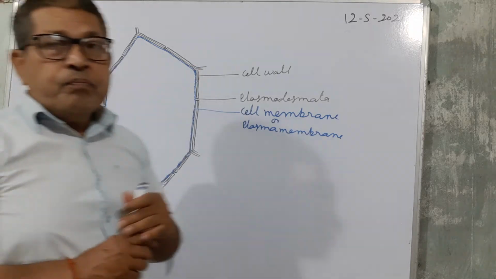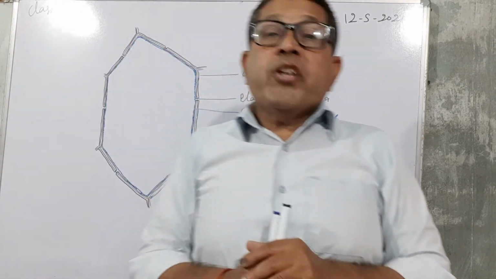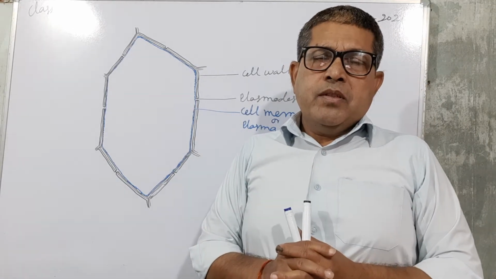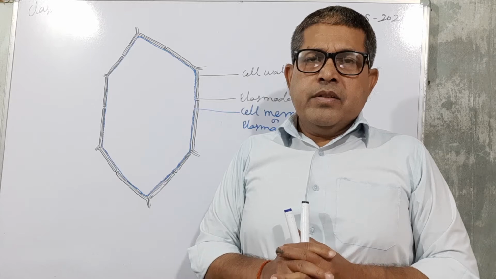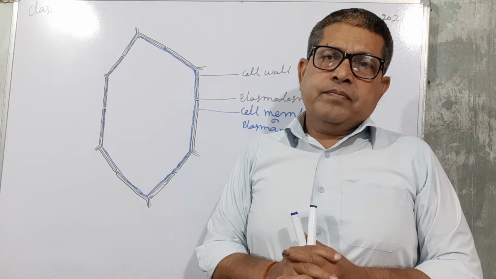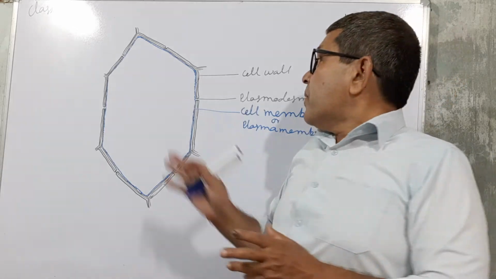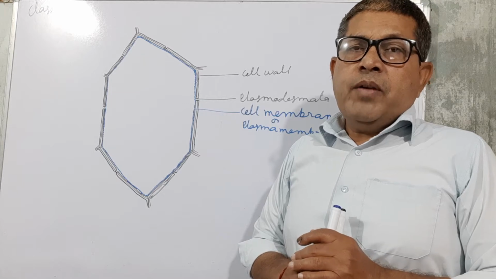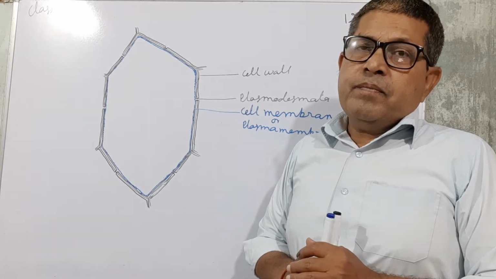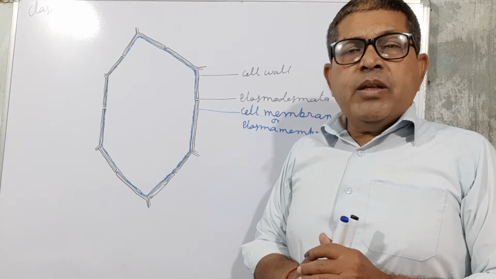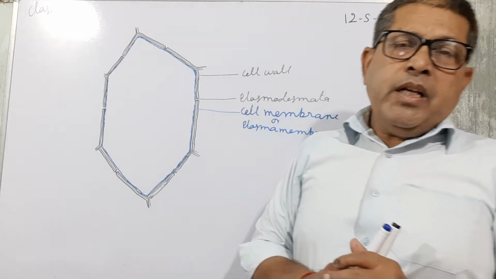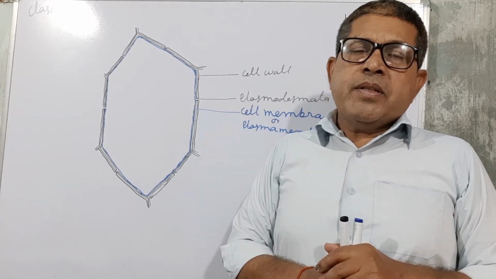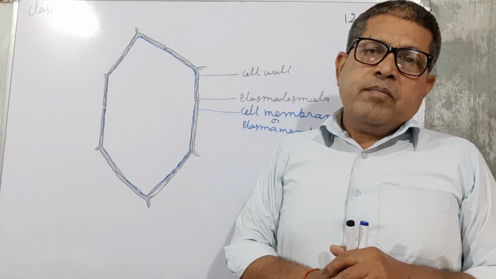You know the cell wall is permeable in nature, which allows movement of both solvent and solute. But this plasma membrane, which is found in both the plant cell and the animal cell, is selectively permeable. It allows the movement of only selected substances across the membrane.